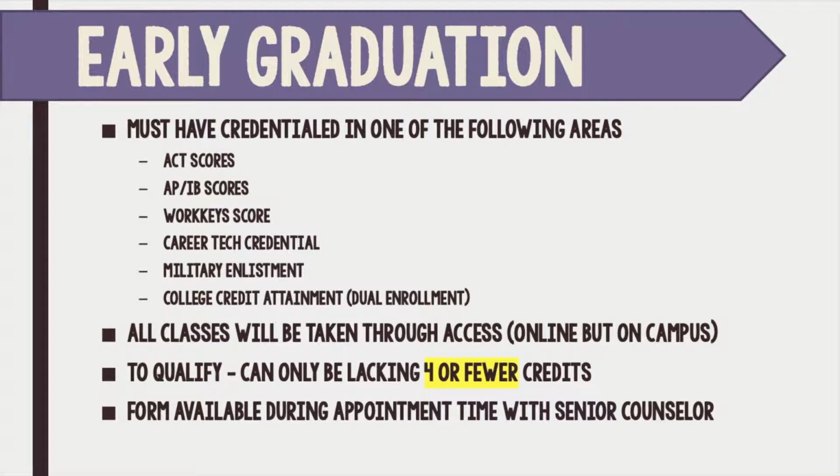So just know to ask about that when I meet with you. Students who intend to graduate early will still need to complete the entire form for all of their electives and alternative electives, just in case. We prefer to have those options in there so that we do not have to pick your schedule for you if you were to change your mind or something were to change over the summer.